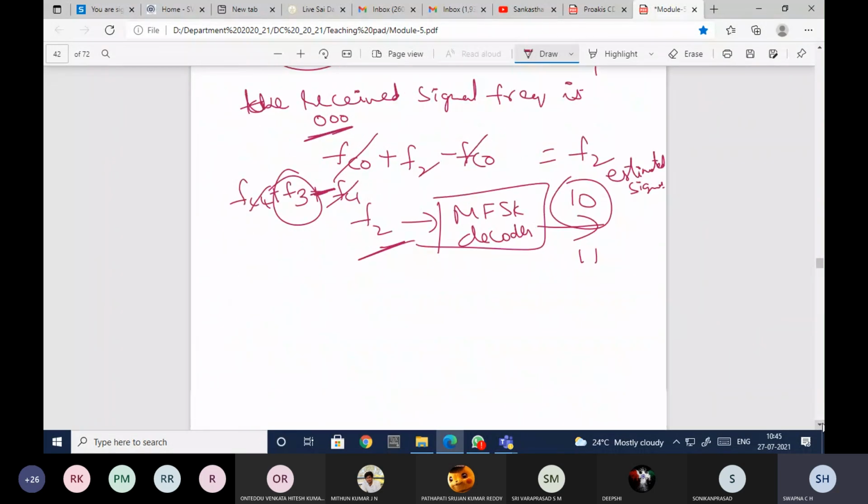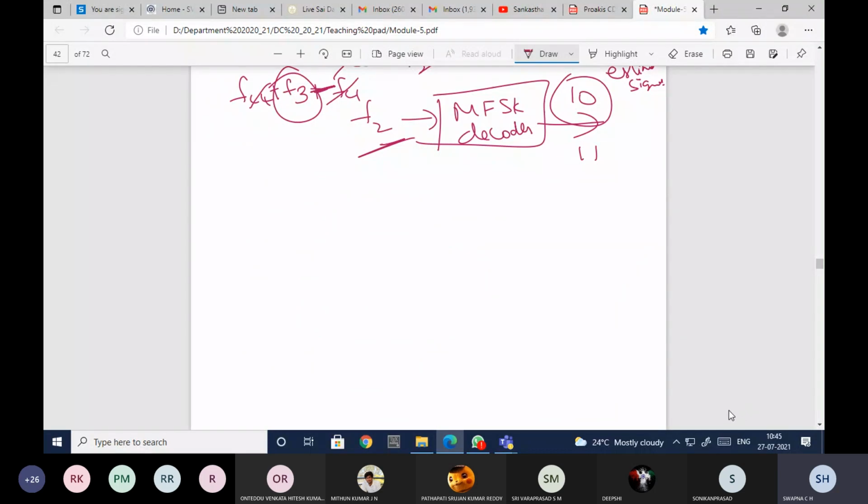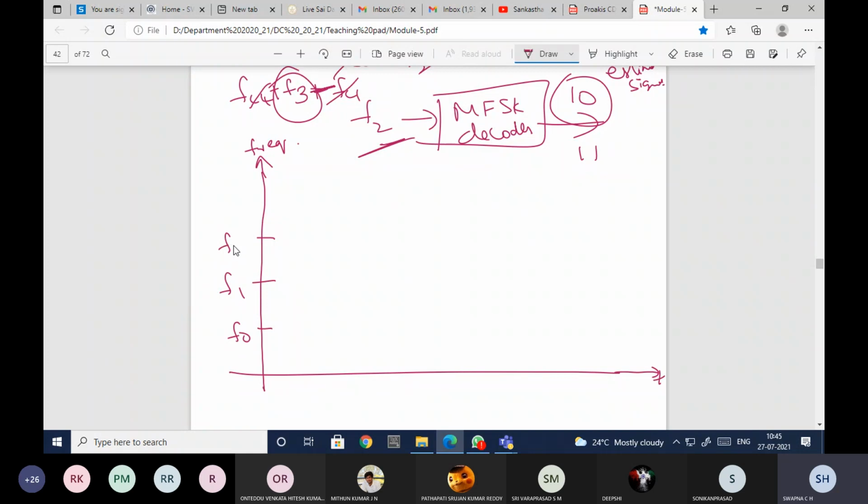Here again he is asking you to plot the received signal frequency versus time, so again we need to do that. This is the time axis. Let me take it a little bigger. This is the frequency axis, so the frequencies are F0, F1, F2, F3.